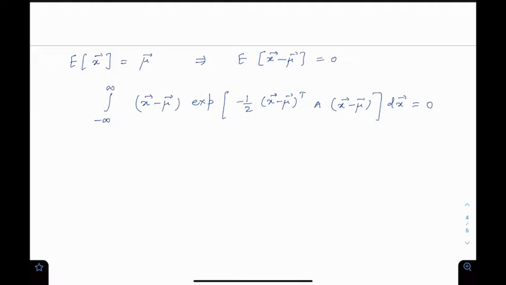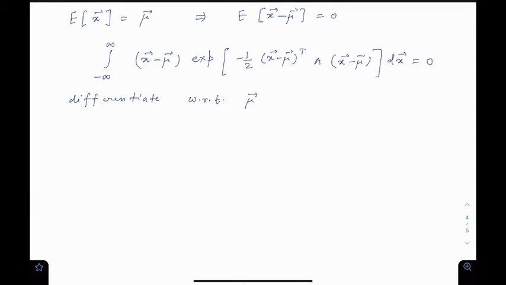So if we differentiate this with respect to mu, so what we get is the following. So here 1 refers to the identity matrix.